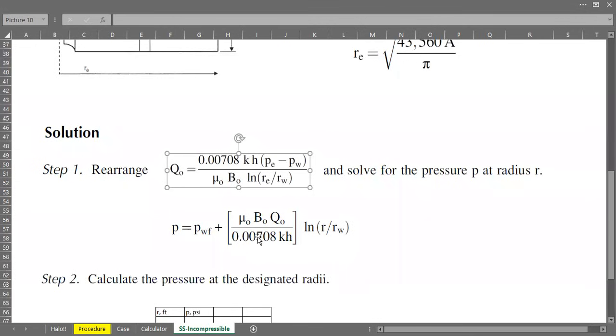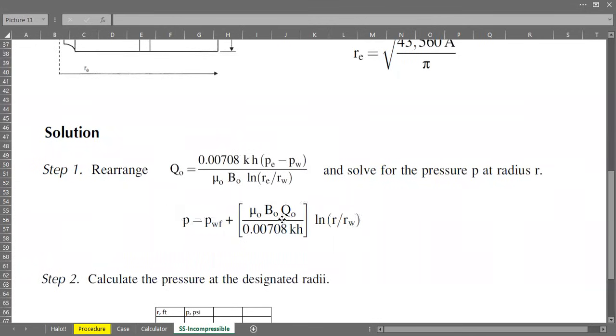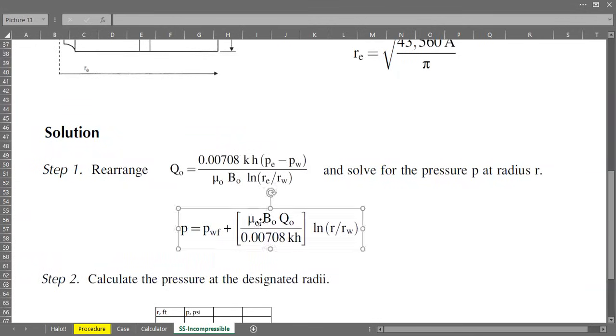And if we rearrange the equation, we will get this equation. So pressure at any location r is flowing bottom hole pressure plus this term multiplied by natural logarithm of r divided by rw.